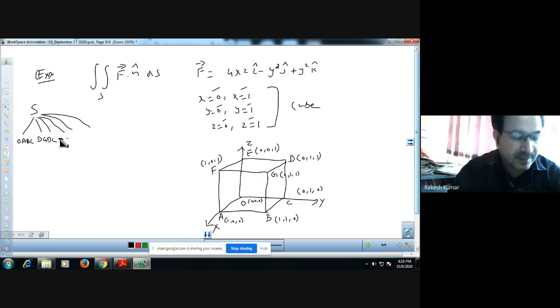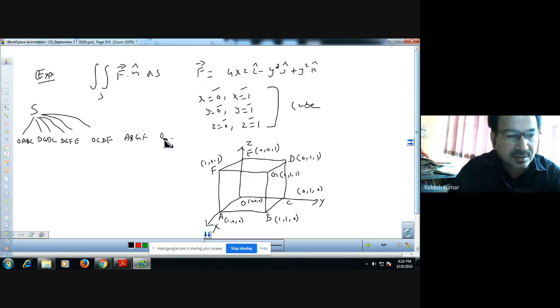The third face is DGFE, along the z-axis. The next face is OCDE, in the YZ plane. The next is ABGF, the face along the x-axis. And the next face is OAFE, in the xz plane. So we have these 6 faces.